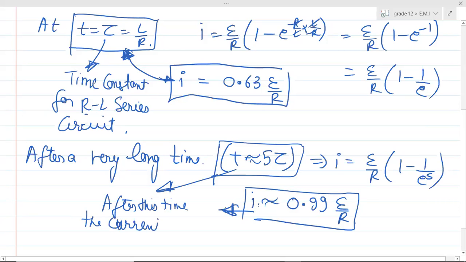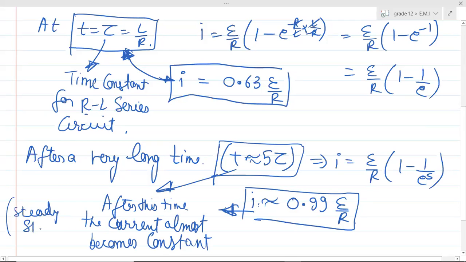The current almost becomes constant, and then we say this is the steady state. There is a slight difference between both of them. So when you compare both of them one by one, on the left hand side the RC circuit, on the right hand side the RL circuit, then you can understand the difference between both of them.